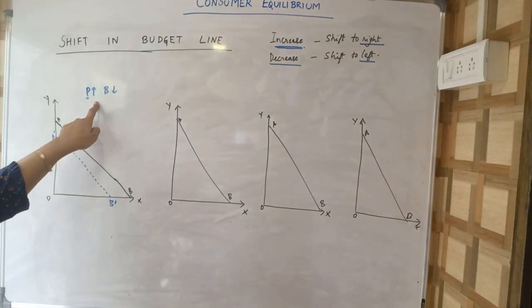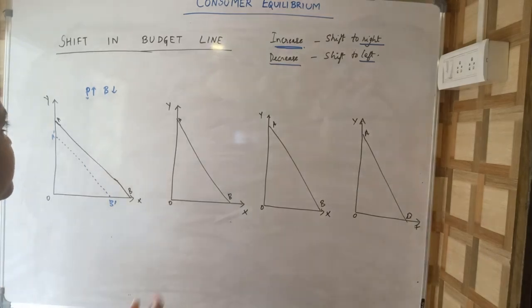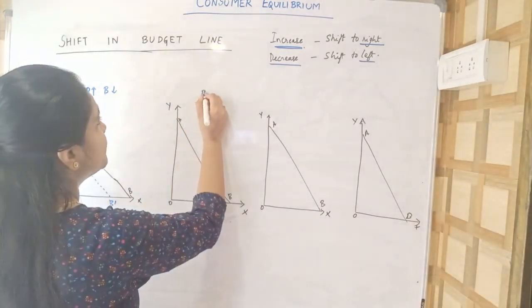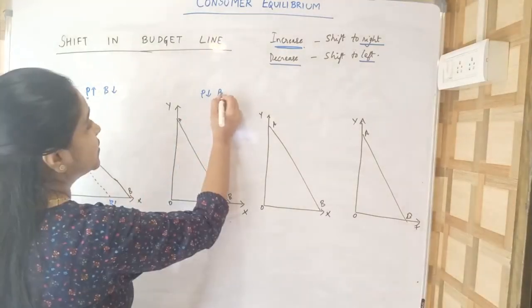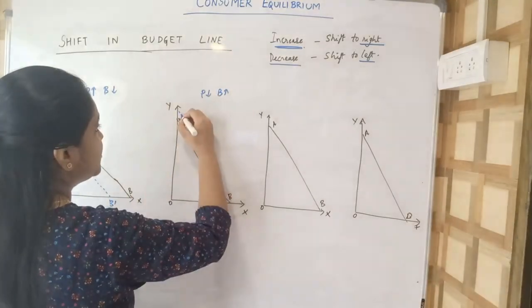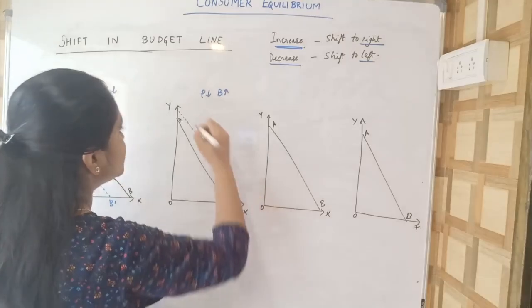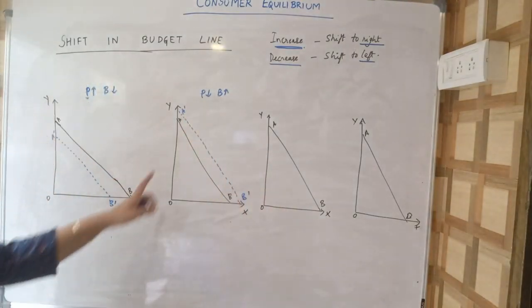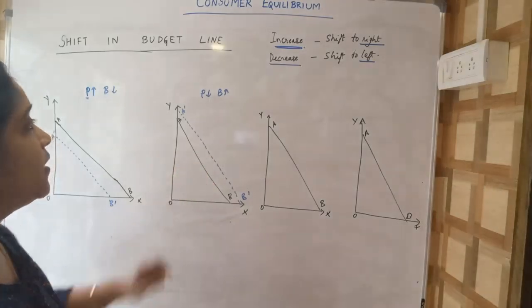So if the price increases, budget line shifts to the left hand side. Now, what happens in the situation if the price falls? If the price of the goods decreases, definitely budget increases. So if budget increases, then definitely the budget line will shift to the right hand side, A dash, B dash. If the price of the goods falls, budget line shifts to the right hand side.